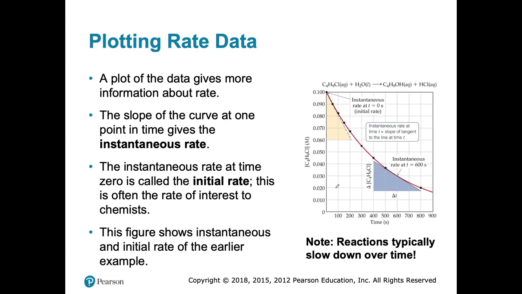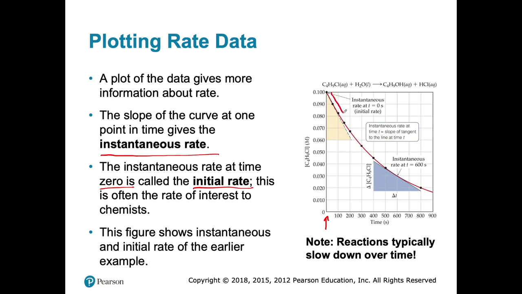Okay, so let's talk about graphing the data from the previous slide. When we graph the data, we can determine some very interesting values, one of which is called the instantaneous rate. The instantaneous rate is the rate of the reaction at any given point in time. At time 0 we call it the initial rate, and it's special because generally the rate is at its fastest there.